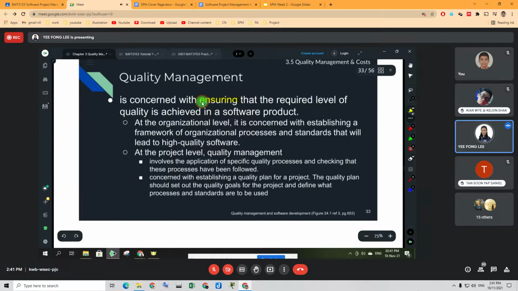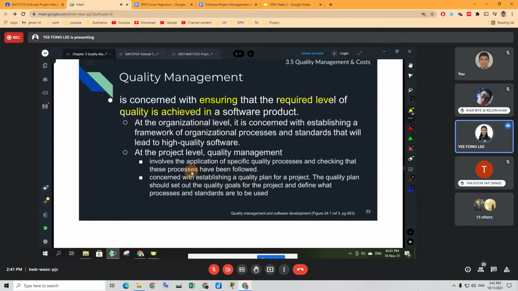Ensuring, it's a process that has to continuously measure the quality of all activities. After that, take corrective action if required until the desired quality is achieved. So that's the purpose of quality management.